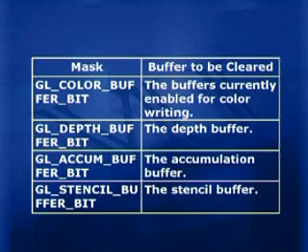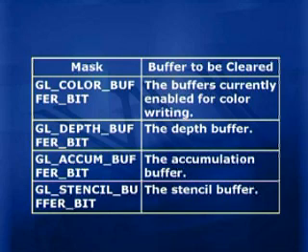So the masks for the buffers that need to be cleared are specified here for bitwise ORing to generate the final argument value to be used by glClear. GL_DEPTH_BUFFER_BIT is associated with the depth buffer. If specified, it would enable clearing of the depth buffer.